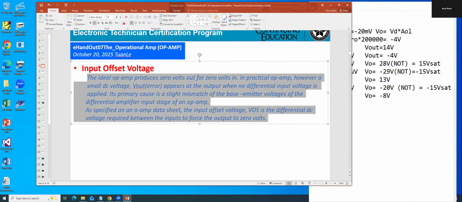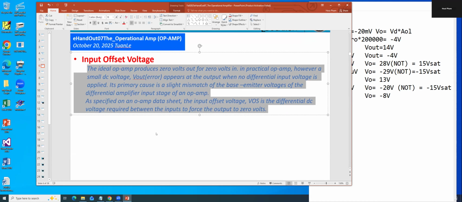Its primary cause is a slight mismatch of the base-emitter voltage of the differential amplifier input stage in the op-amp, as specified on an op-amp data sheet. The input offset voltage VOS is the differential DC voltage required between the inputs to force the output to 0 volts.